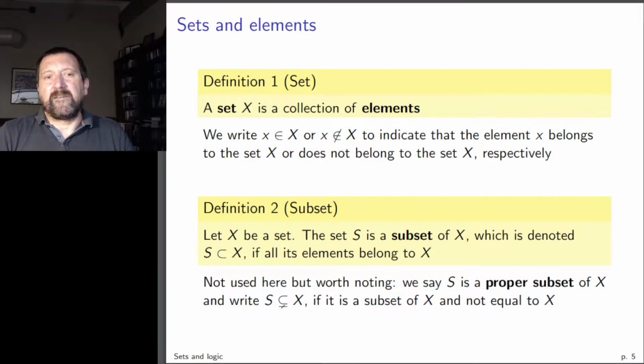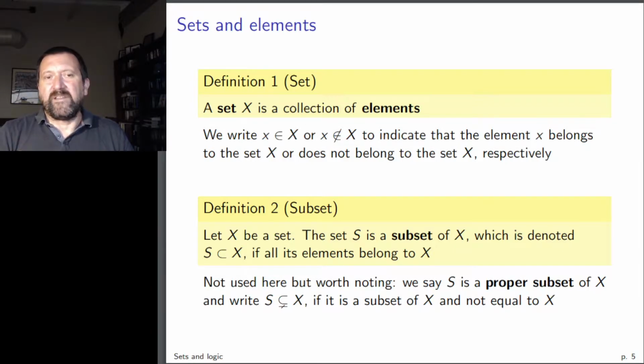A set in mathematics is a collection of elements. And this can be any type of elements. I point out it can be functions, it can be matrices, it can be numbers. I mean, a set is a collection of elements.